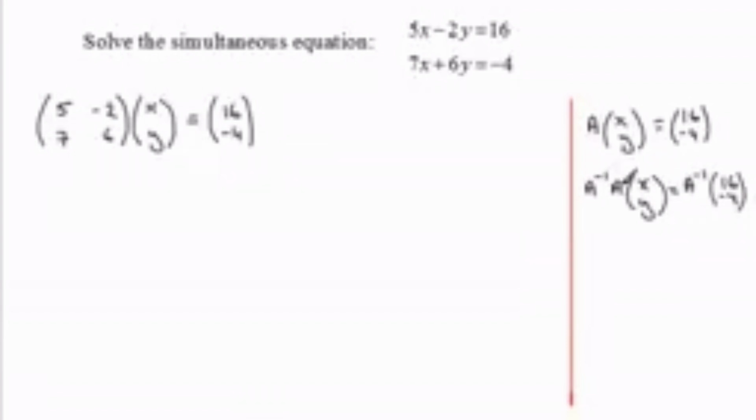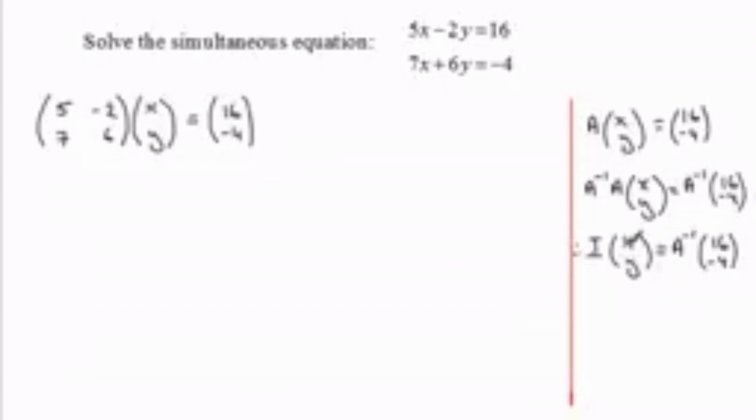And we should know that the inverse of a matrix times A is the identity matrix I. I'll just write it in anyway. We'd therefore have I multiplied by xy equals the inverse of A multiplied by, in this case, 16 minus 4, or whatever your equation has.